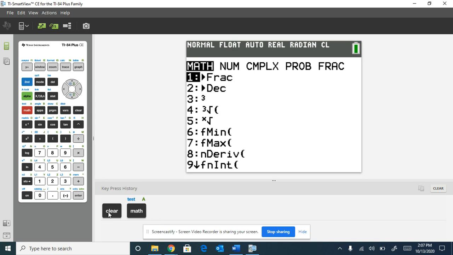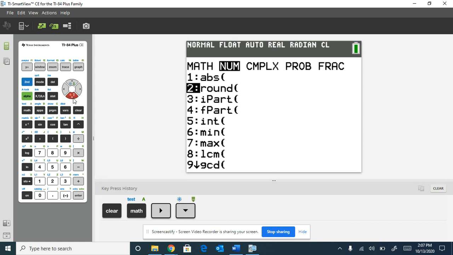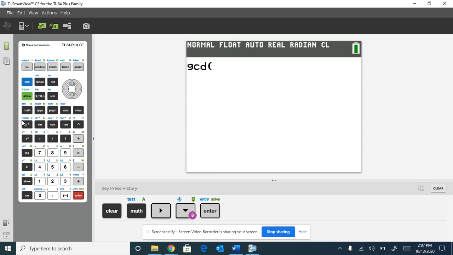The buttons I'm clicking are down here as well if you need to see them. You're going to want to click over so that you're on the number screen. I believe whenever I click it on my actual calculator in person, I don't see all the way down to number 9, so you may have to arrow down a couple times and hit enter. Or you can also just click Math 9 and GCD pulls up.